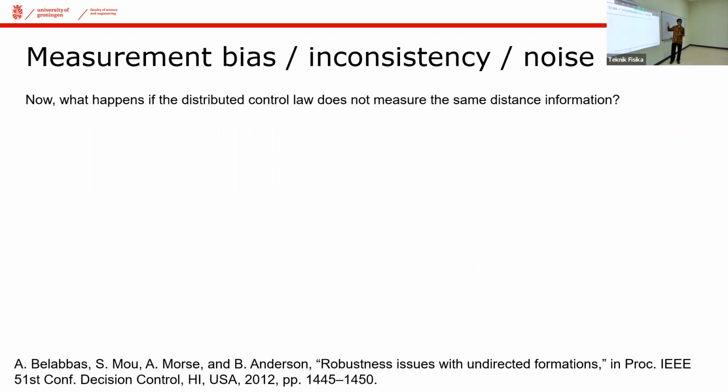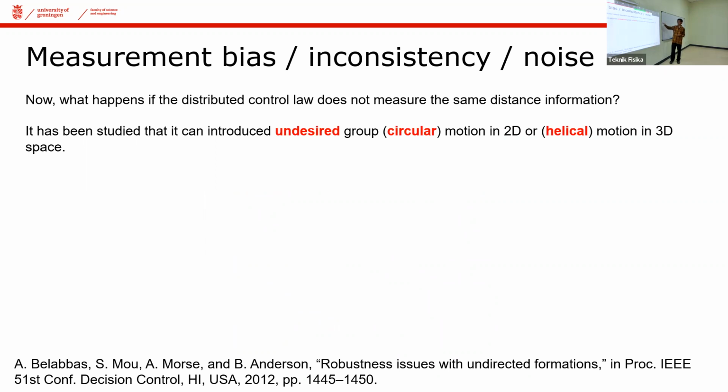But now, what happens if the distributed control law does not measure the same distance? So for instance, I will tell you what the problem would be. When they are not using the same distance information, what would happen, and this is also the problem that was presented in 2012, 10 years ago, is that the formations will converge to undesired group motions.